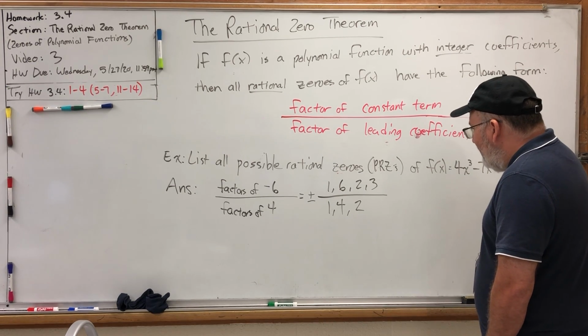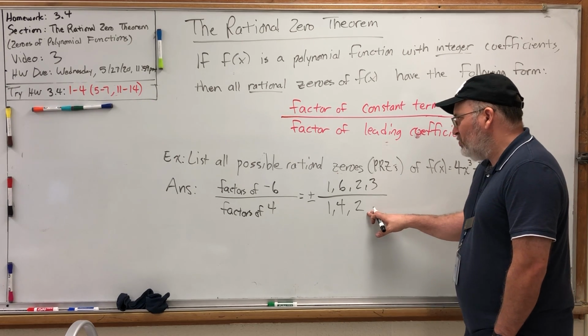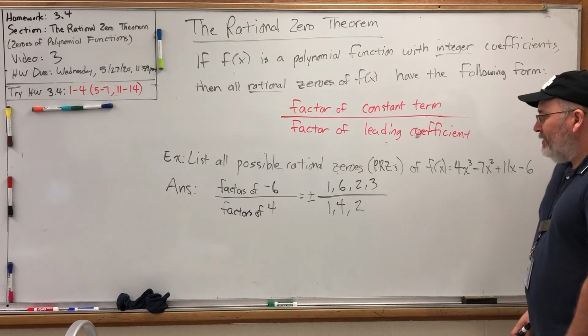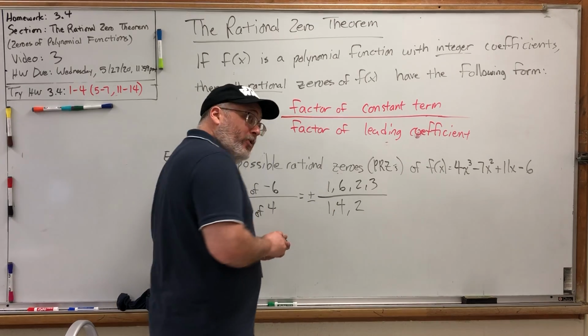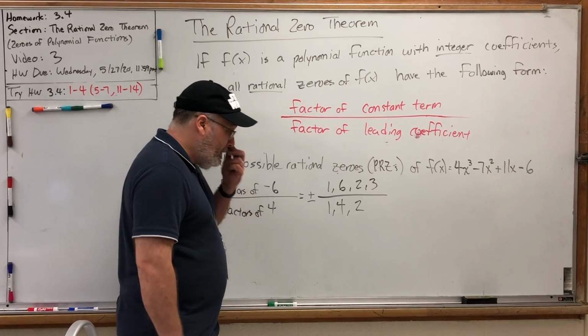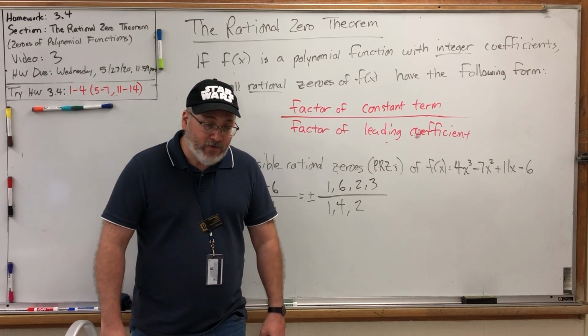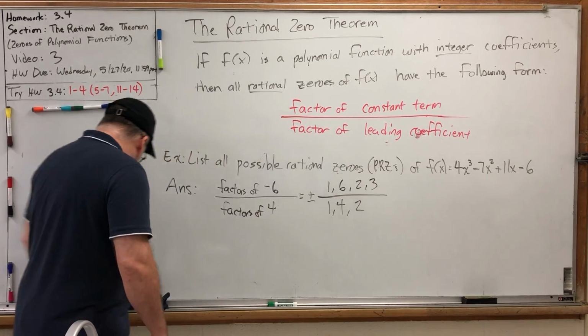All right, so you start by making a list of all the factors of the constant term on the top and all the factors of the leading coefficient on the bottom. Then you begin to create every possible fraction you can. And I'll be honest, it's going to be quite a few in some situations. For example, pick any numerator, pick any denominator, and make a fraction. But the problem is you have to get all of them. So how can we get all of them?